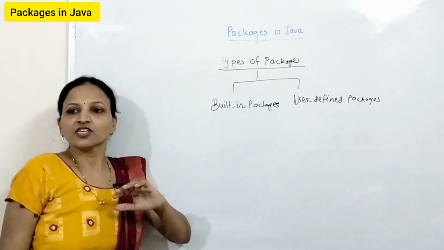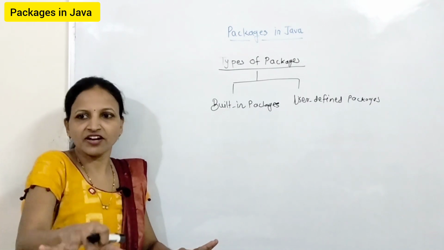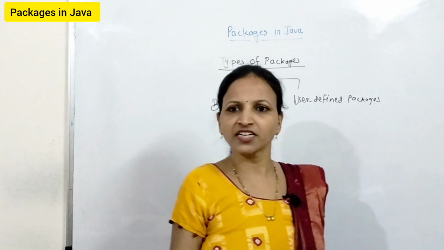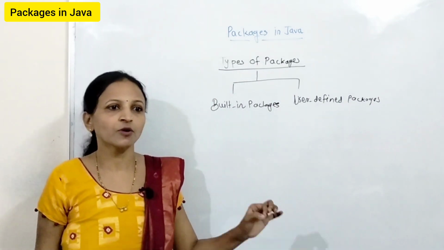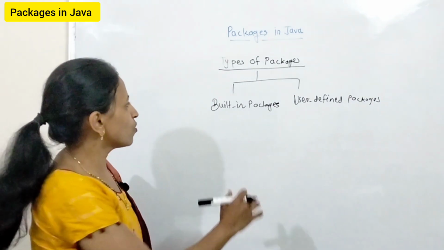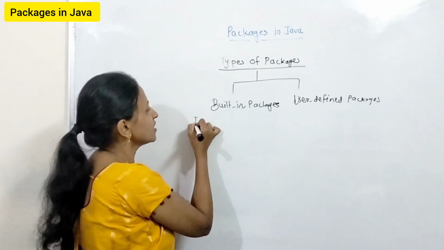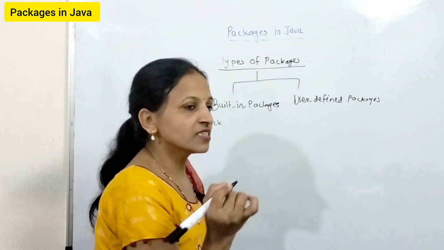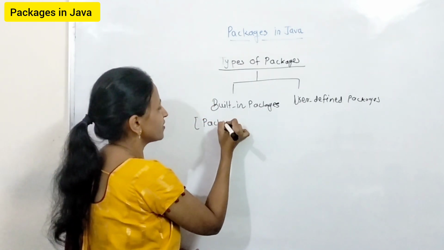The Java application programming interface, Java itself, provides some already defined packages that we can directly use in our program with the help of the import statement. Those are called built-in packages. These are the packages provided by the Java API, that is, the application programming interface.